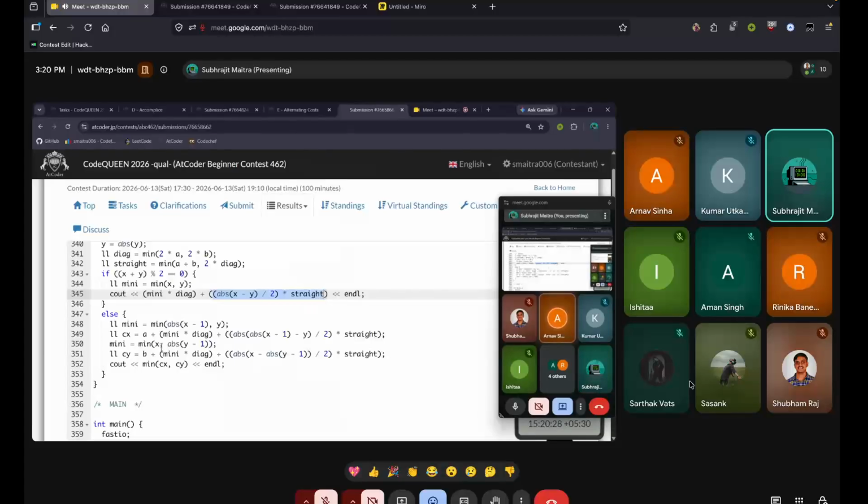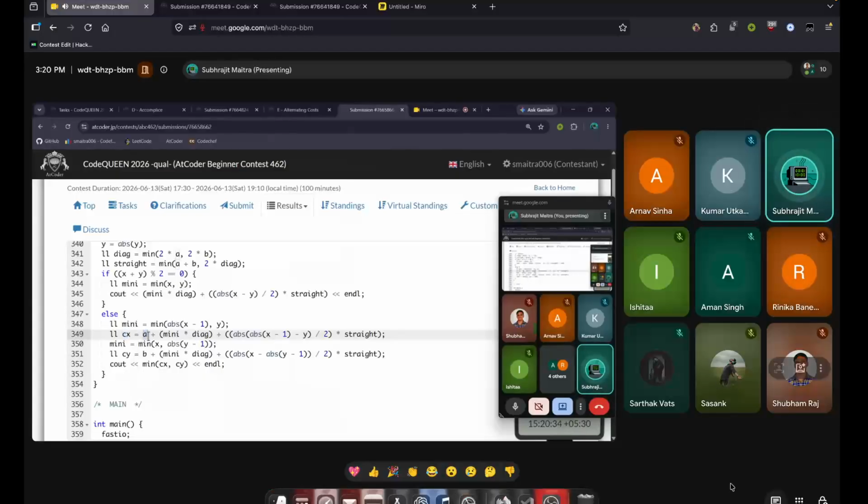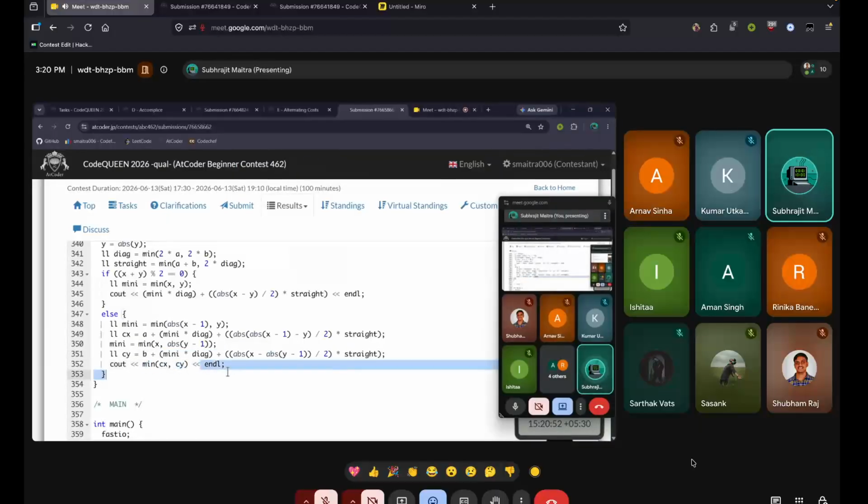Yes, bhaiya. And if it is odd, then first I have done the trial of x, that is, I'll go one step in the x direction and then do the even thing I've done for even. Or else I will go one time in the y direction and do again the same even thing. And I'll take the minimum of those two. Whichever is the minimum, I'll return that as the answer.